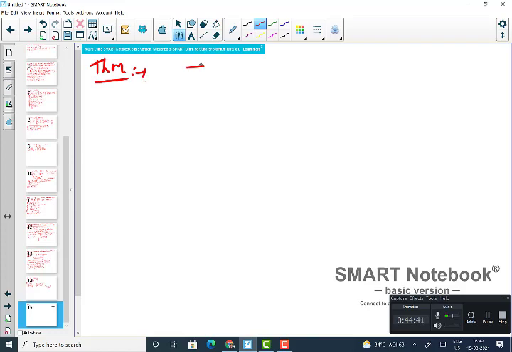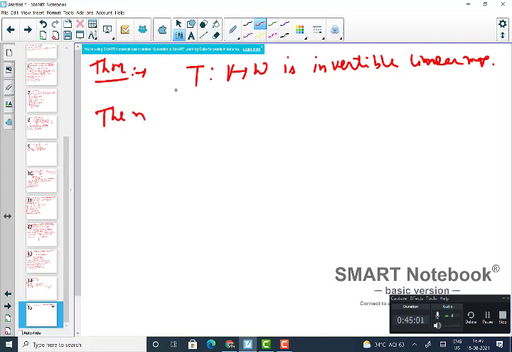So you have this map from V to W, an invertible linear map. Suppose this is given to you, then obviously the dimension of V is less than infinity if and only if the dimension of W is also finite. Okay, and not only that, they are the same also.